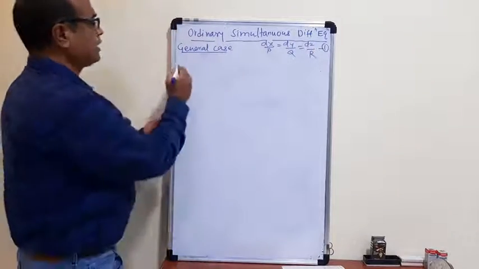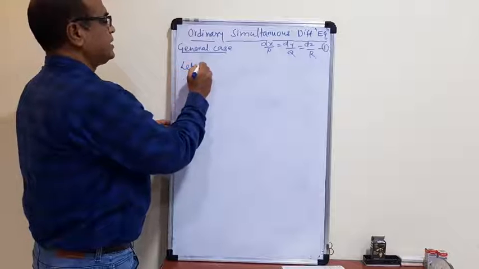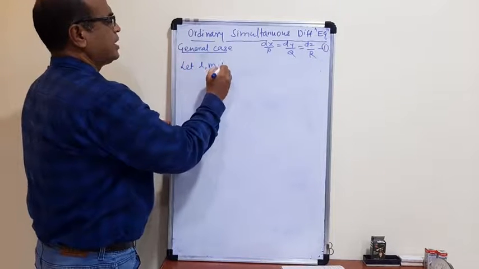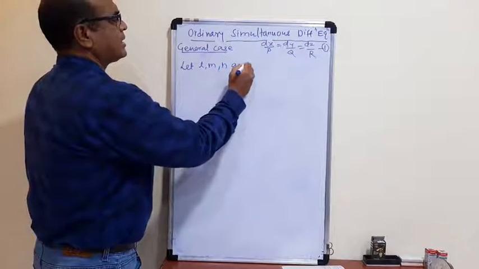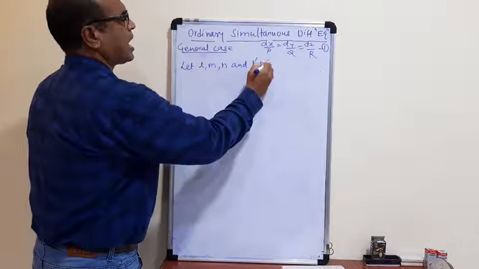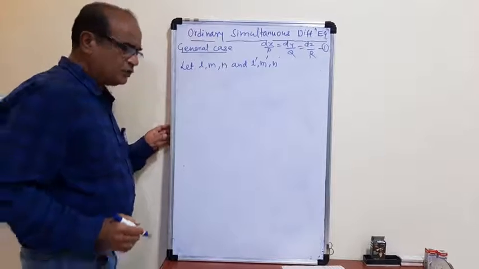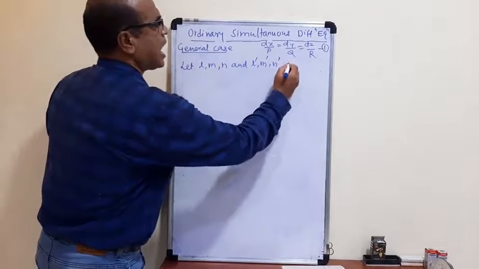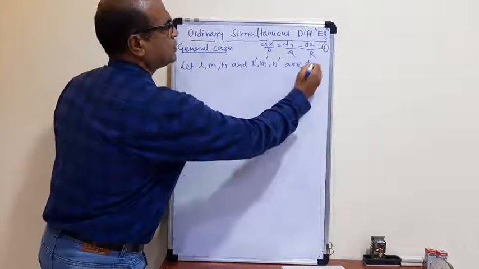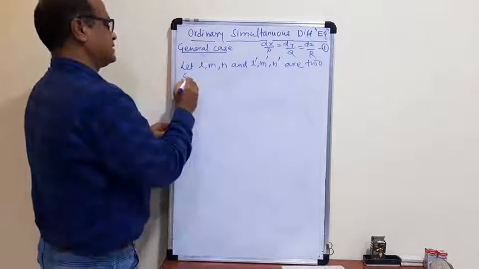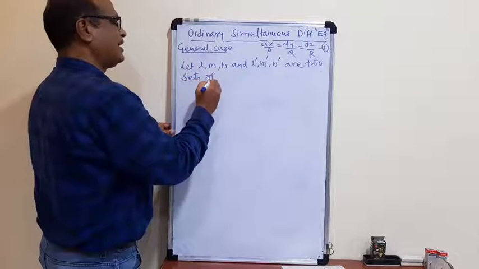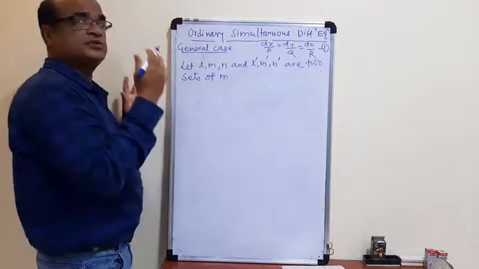Let L, M, N and L dash, M dash, N dash be two sets of multipliers. So we choose two sets.